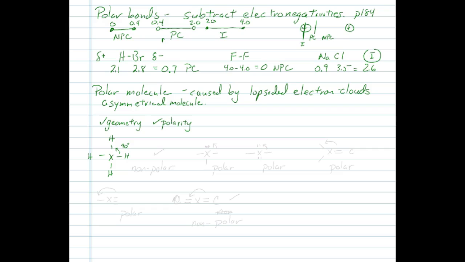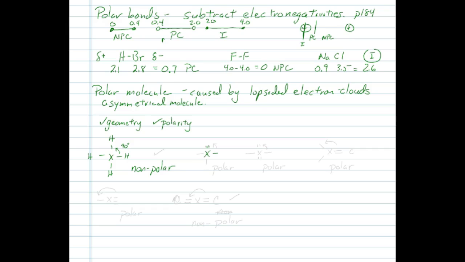In real life, it's going through 109.5, but for our purposes here, it's got to be 90 degrees so you can see what happens. So if you rotate the entire molecule clockwise or counterclockwise 90 degrees, you'll notice that each H falls on another H, so this would be symmetrical, so it's non-polar. No change, non-polar.